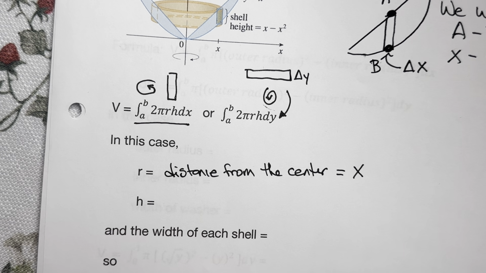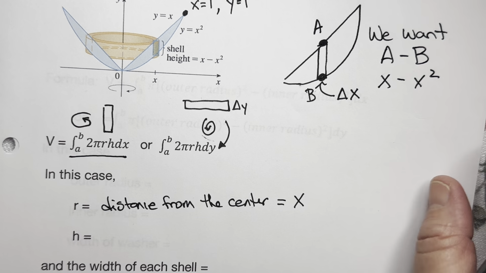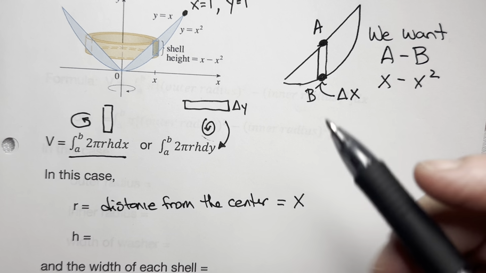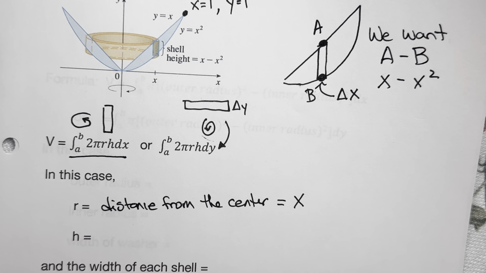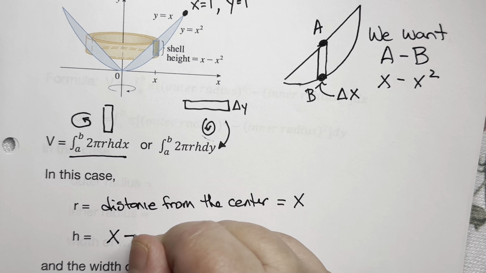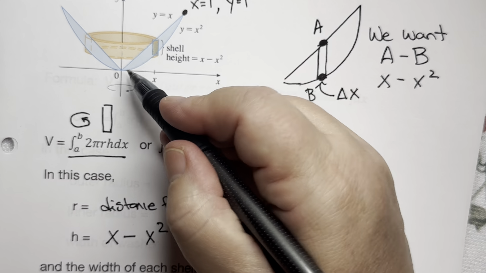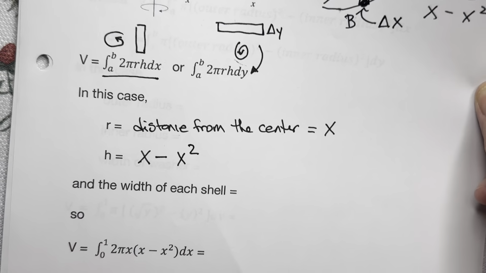Okay, what's the height? Well, we got the height already. I prepared you over here. You have to remember, figure out who's on top, who's on the bottom to figure out the subtraction. So x is on top, x squared is below during this little region. So we get x minus x squared.